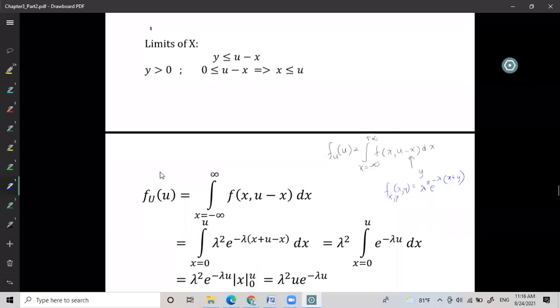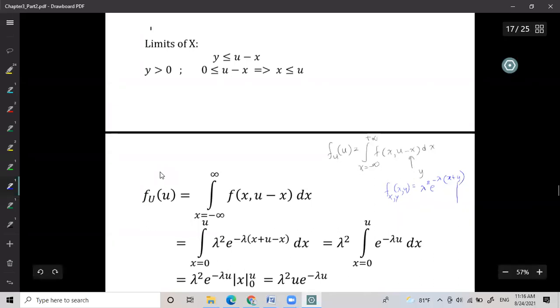Instead of y in our joint density, this y should be replaced by u minus x. Very simple, right? Wherever you see y, replace it with u minus x. Y appears only in this exponential term. So we keep lambda square as it is, e to the negative lambda, and within brackets you have x, and instead of y, you replace it with u minus x.